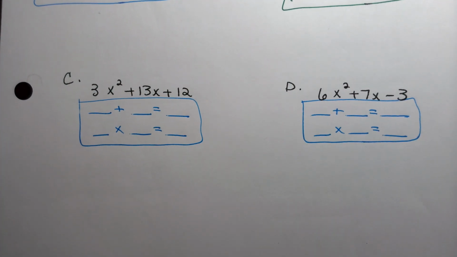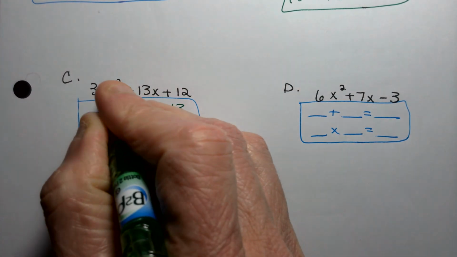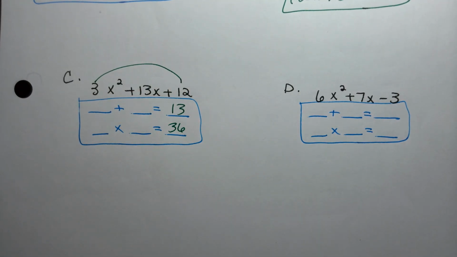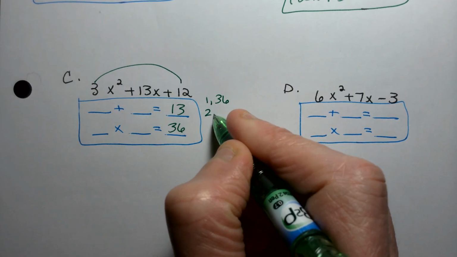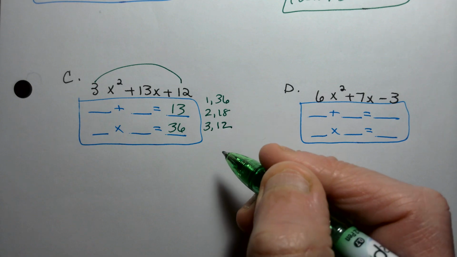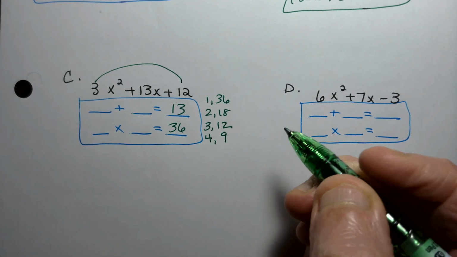All right, now we're here. 13 and 36. Multiples of 36, 1 and 36, 2 and 18, 3 and 12, 4 and 9.